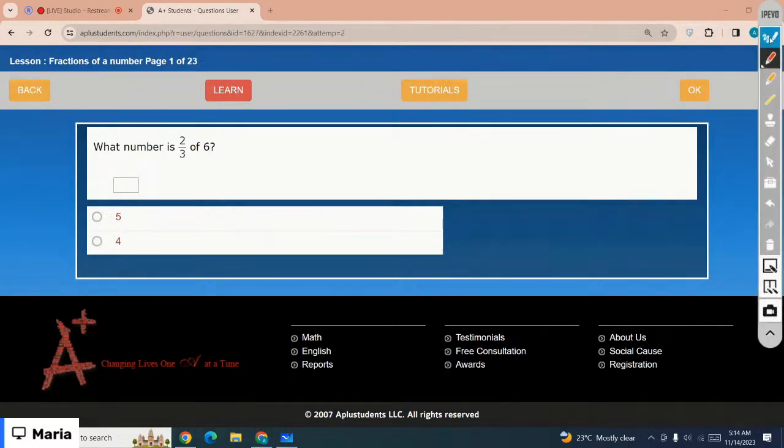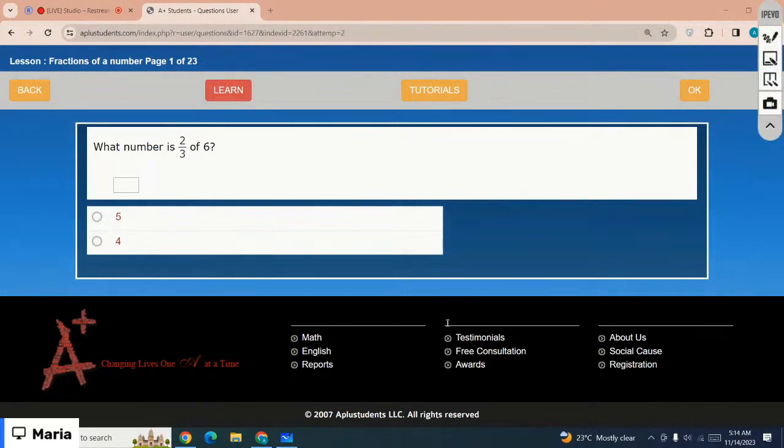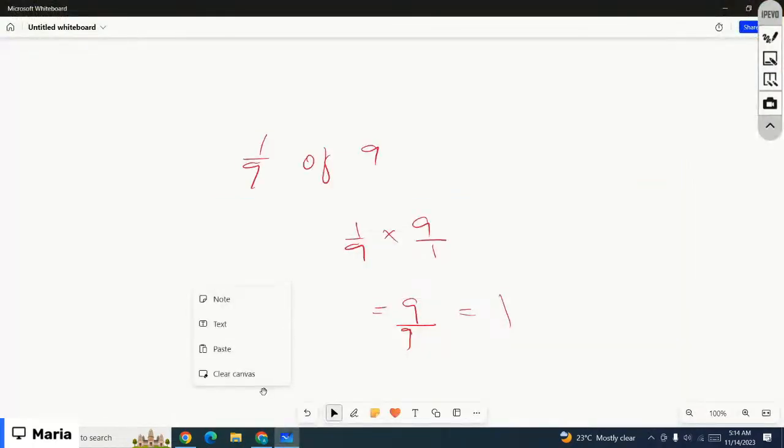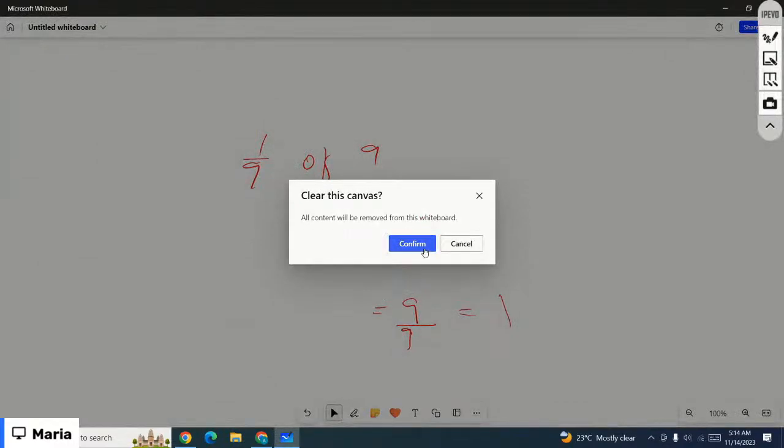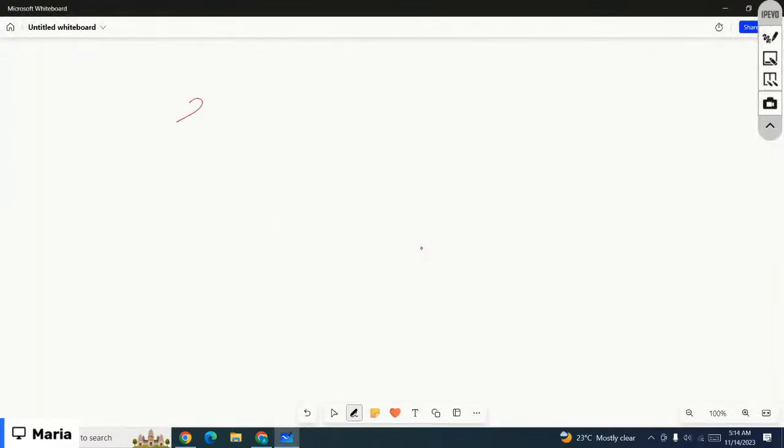Okay, let me explain how you do 2/3 of 6. You have 2 by 3 times 6, right? That is basically the meaning of 2/3 of 6. Now 6 does not have any denominator. That means its denominator is 1. 6 times 2 is 12 and 3 times 1 is 3.